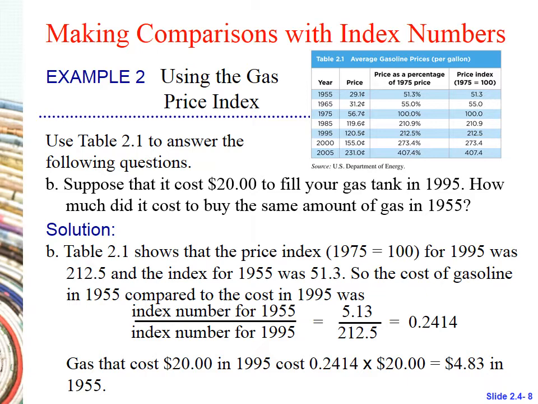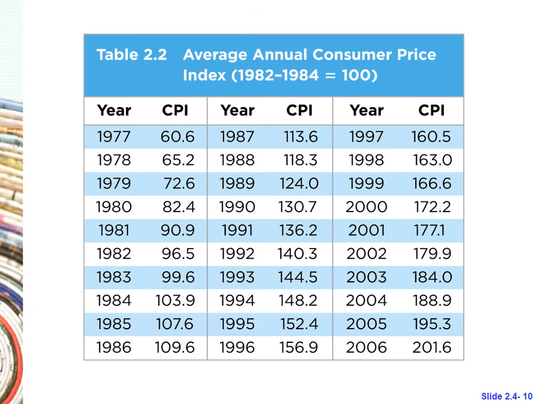But I could have it as 5.13 over 112.5 equals x over 20, and then you cross multiply and solve, and you'd get the same thing. So you're looking truly at a proportion here, where you're just setting up, make sure your denominator is your 1995 for the specific, oops, going the wrong way.